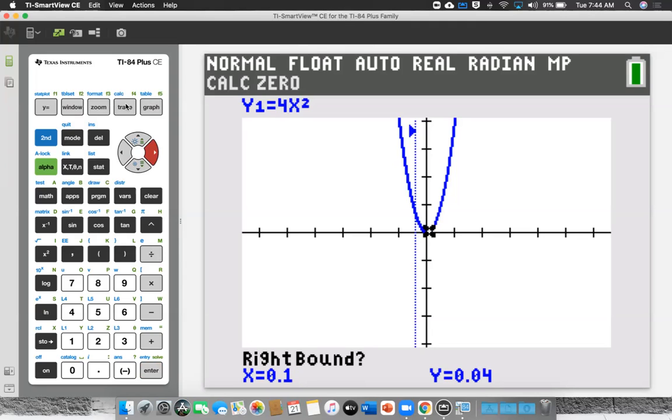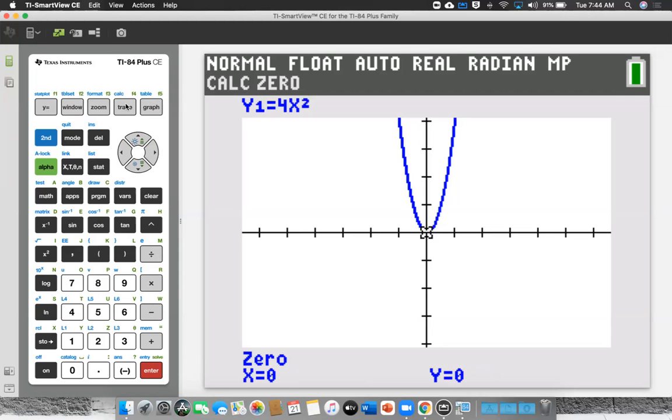Well, it's a little bit over here. Go past it a little bit. And then it says, if you have a best guess, tell me where it is. So now I'm going to go back to on top of it. That's my best guess right there. And then it says, there it is. The zero is at x equals 0 and y equals 0.